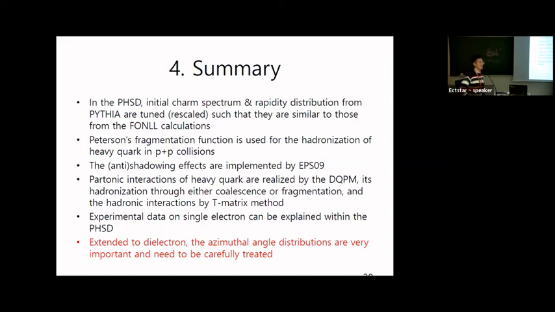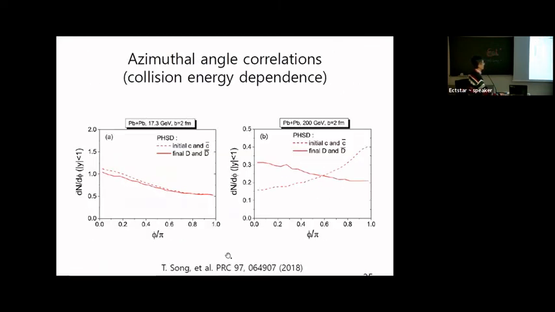I have two questions. One is on slide 25. The left plot is really at 17.3 GeV. I didn't fully get why you have this initial c-cbar correlation peaking at 0 at that energy.